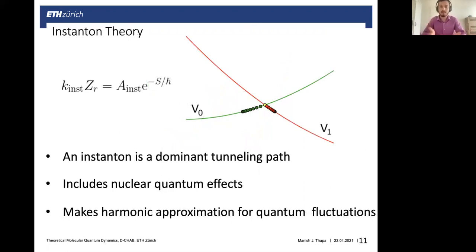One can locate an instanton on this barrier essentially by obtaining a first order saddle point of your Euclidean action.